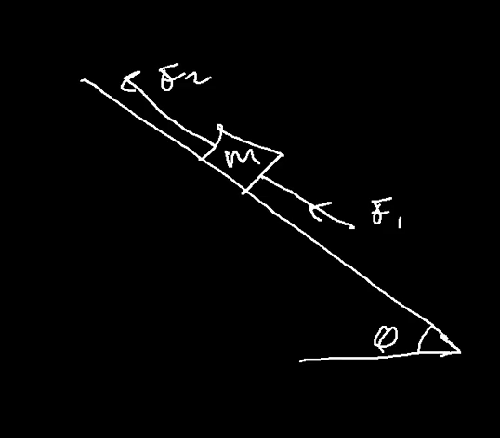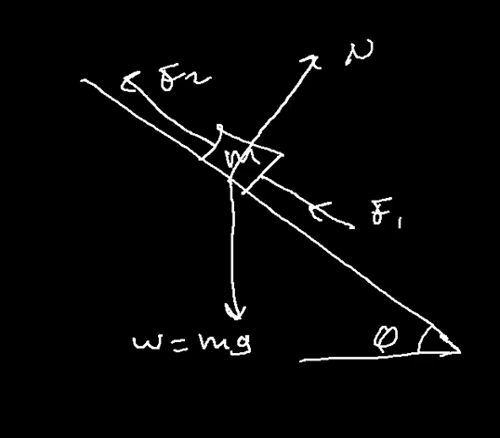Now for this case, let's analyze the forces acting apart from these applied forces. We have the weight that goes down, given as W equal to mg. And we have the normal force that goes up, given as N. And this is also the angle theta, as we have it here.